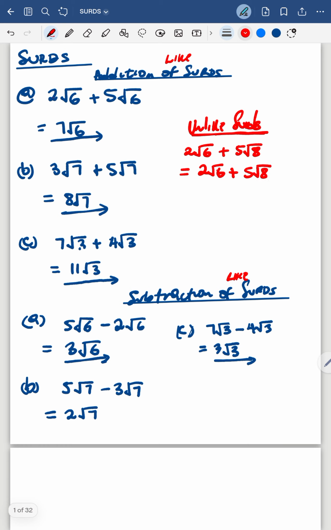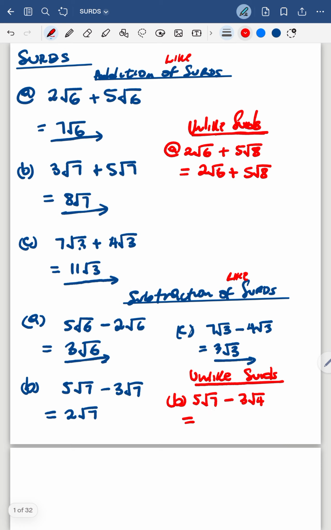Even here, with unlike terms again, let's take B. Here we took A. If you have 5 root 7 minus 3 root 4, these are unlike terms.